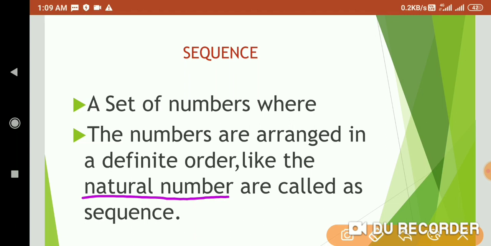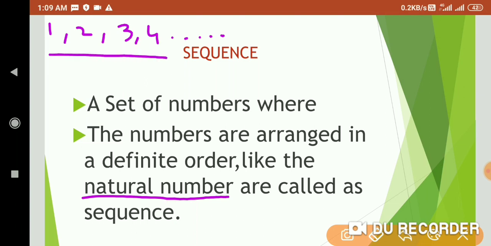Okay, suppose 1 2 3 4, I can write here these natural numbers. Now the main condition is what? The numbers are arranged in a definite order. If you observe these numbers, then you notice that there is a particular or specific arrangement in between these numbers.